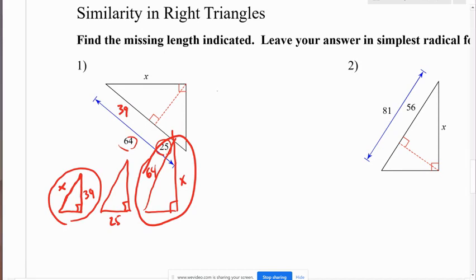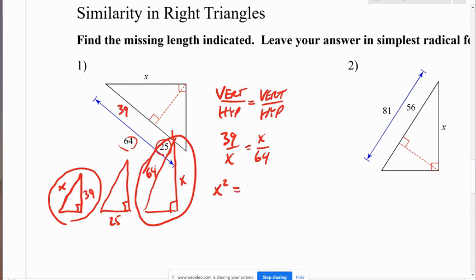So if we do vertical over hypotenuse equals vertical over hypotenuse, the vertical piece is 39. The hypotenuse is X. For the bigger one, the vertical is X and the hypotenuse is 64. And so now when we cross multiply, we get X times X, which is X squared, equals 39 times 64.